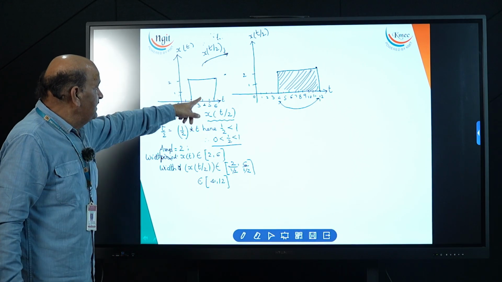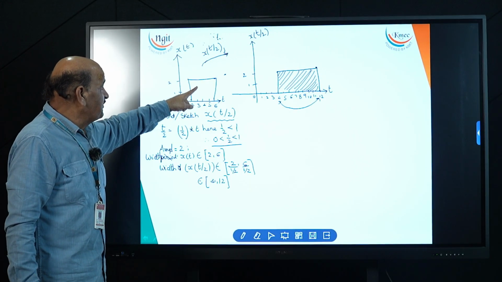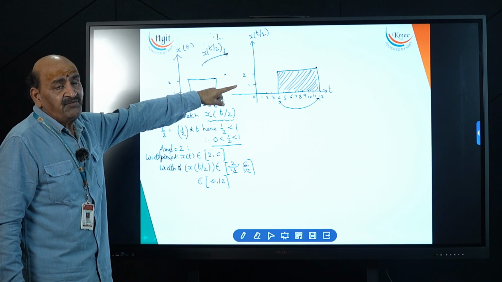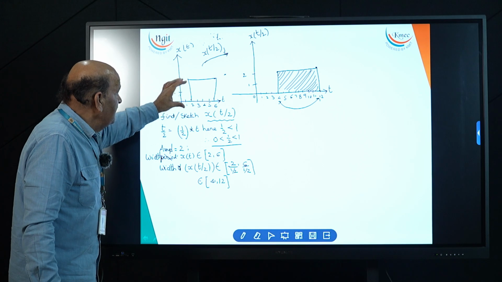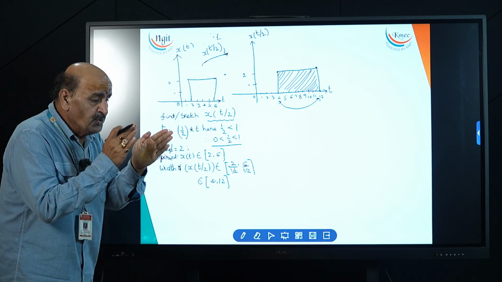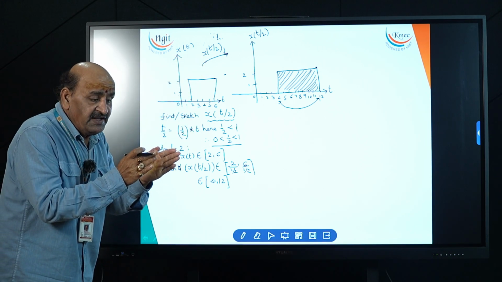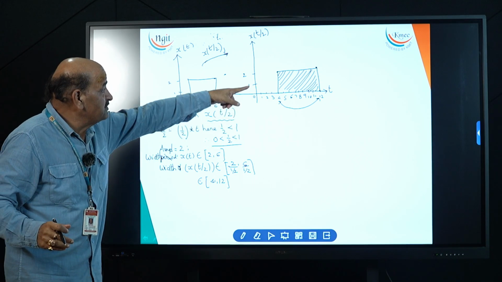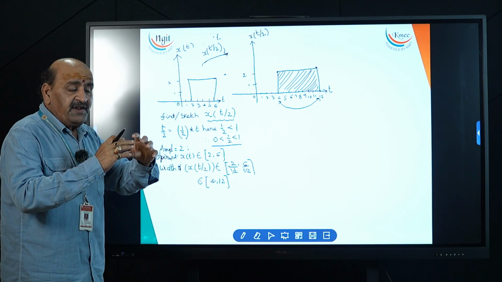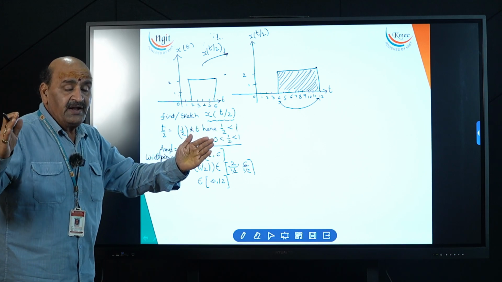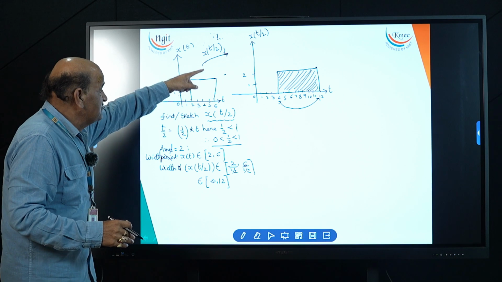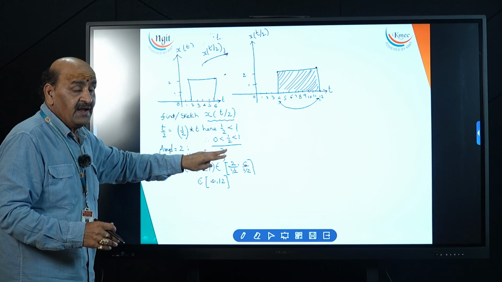This is the base signal x of t. That is the new signal x of t by 2. Here the signal is 2 to 6. Now the new signal width is expanded from 4 to 12. So either the signal can be expanded or the signal can be reduced. In these two cases, we discussed the examples of time scaling.